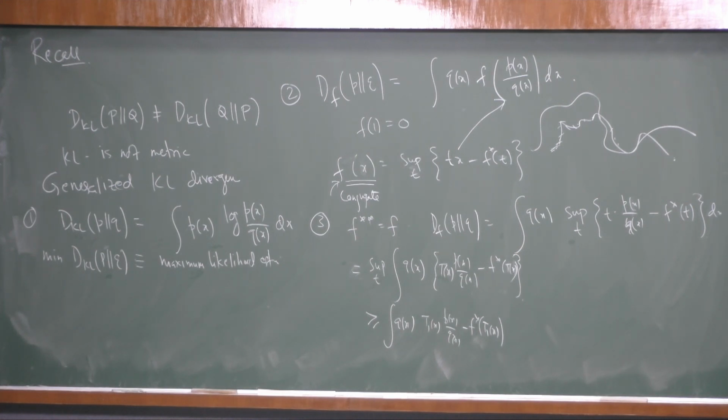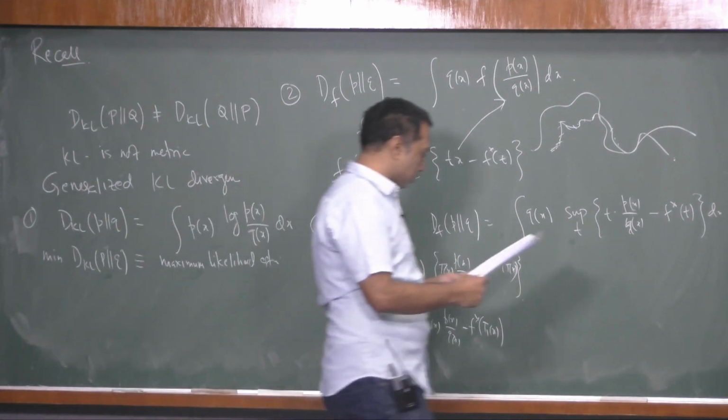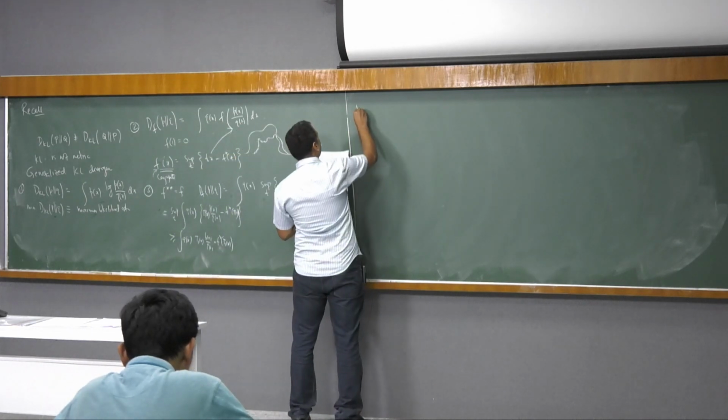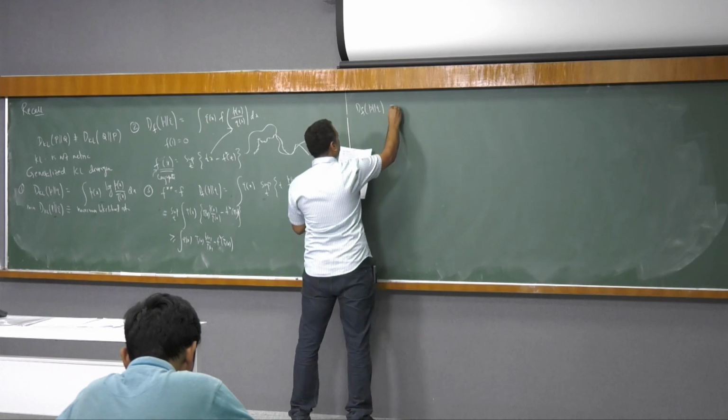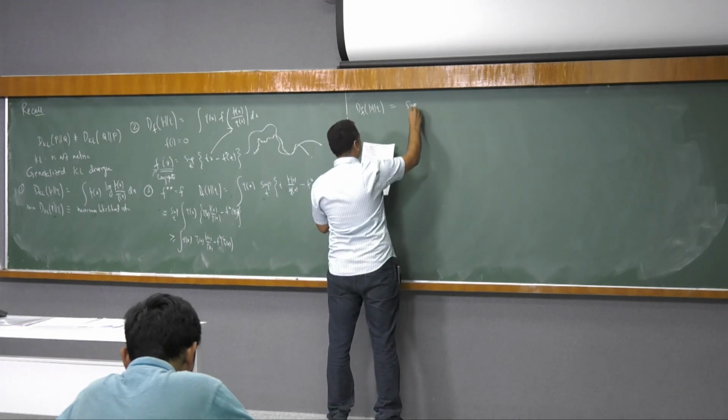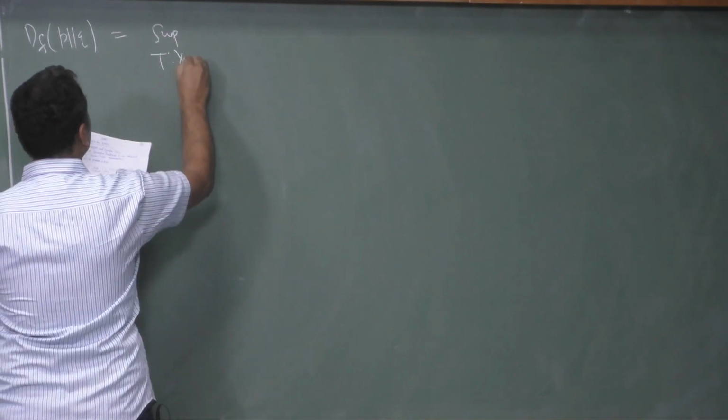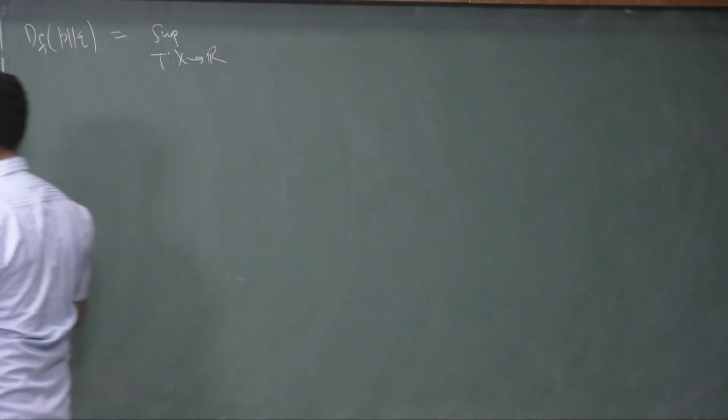So where we left last time, I will write those precisely now. What we have as a final variation step was this: supremum over t, so the set of all operators.